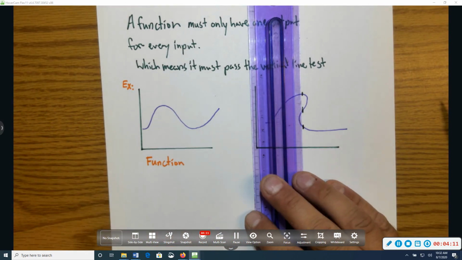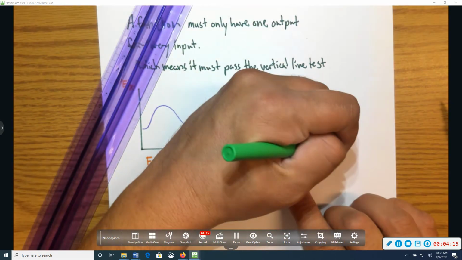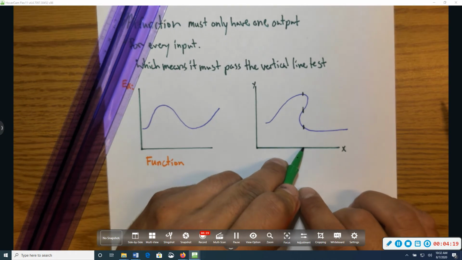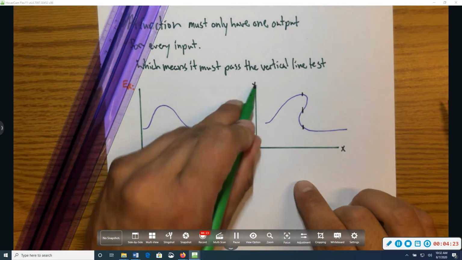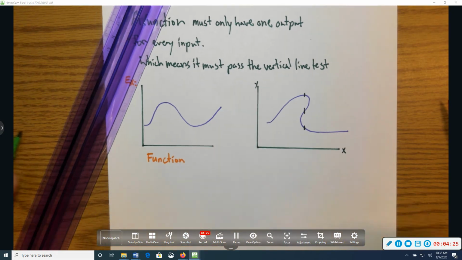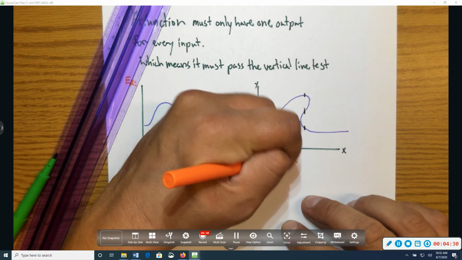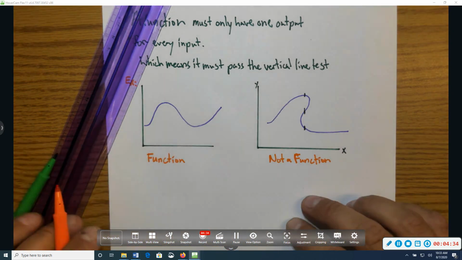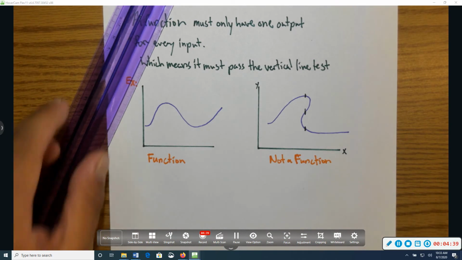So basically, at this input x, we're not going to have one answer, we're going to have 3 different y value answers, which means this is not a function because it does not pass the vertical line test.